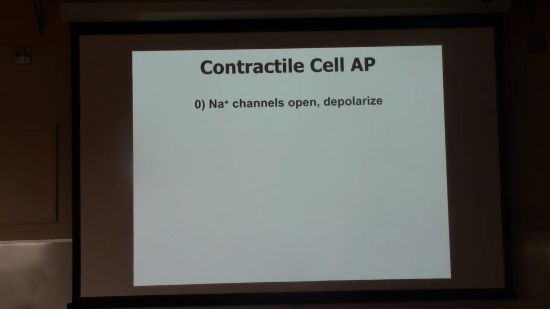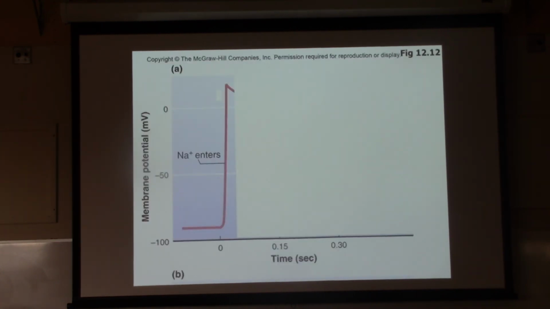It comes into the cell carrying its positive charge with it. So far, normal stuff, we've seen it before, nothing new. So we had our resting membrane potential for those contractile cells. The cell gets stimulated, so sodium channels open, sodium diffuses in, and you get this rising phase of the action potential.